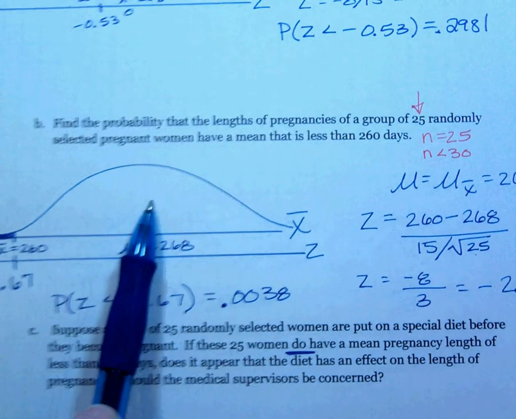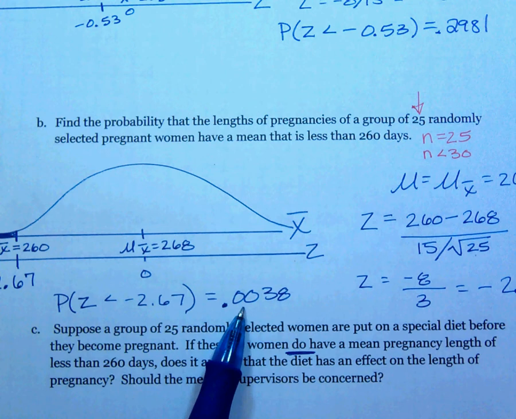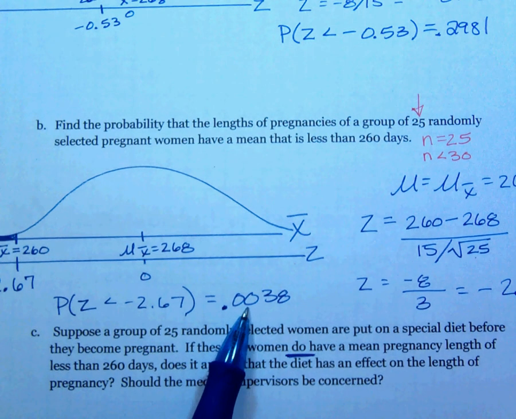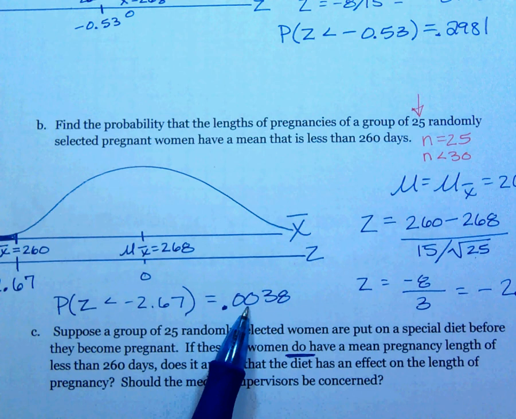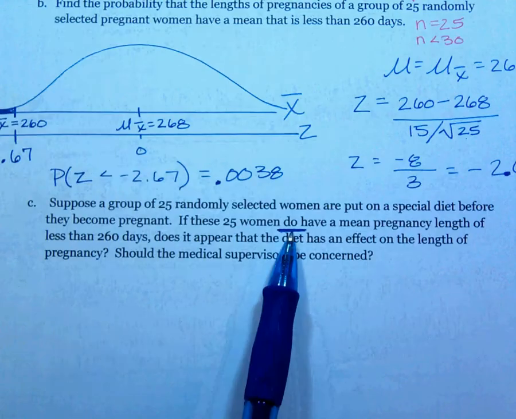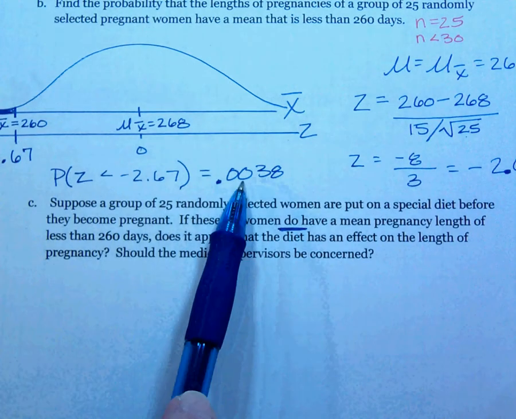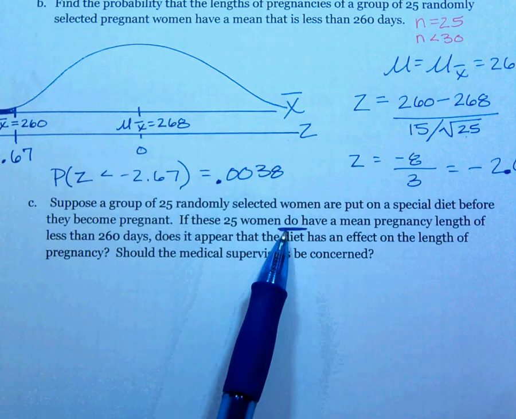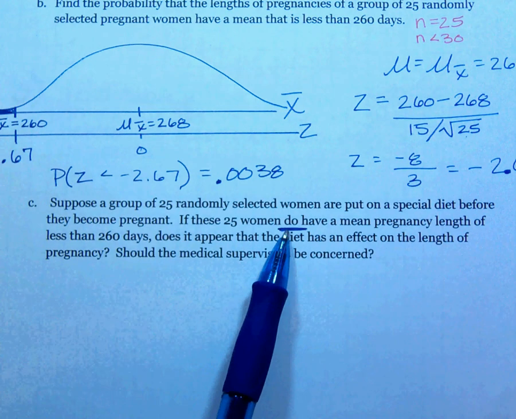So let's just refresh our memory. Up here we saw how unlikely it is that by chance 25 randomly selected women would have a mean pregnancy length less than 260 days. So now we're saying, let's say it actually did happen. We know how low the probability is, but let's say it actually did happen. Do we still believe that it happened by chance?